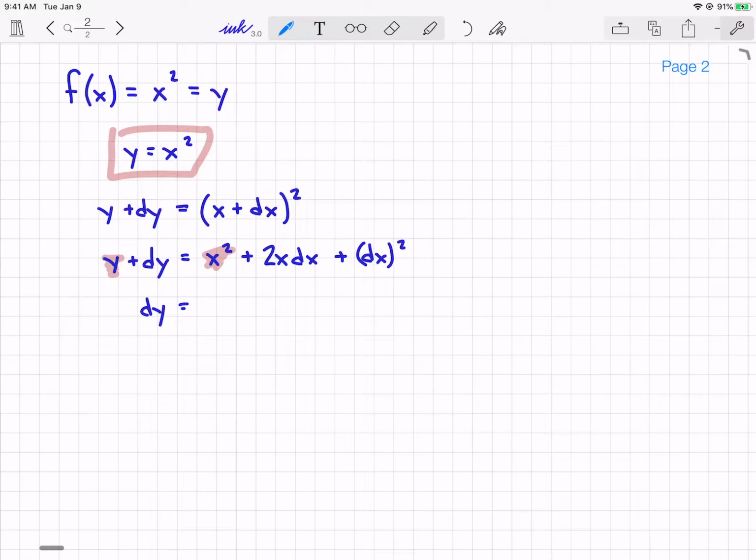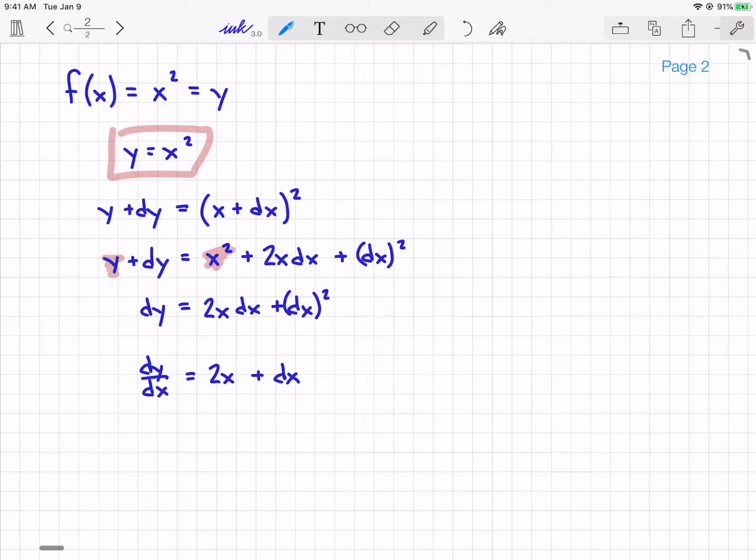So I get dy equals 2x dx plus dx squared, because that is some quantity, an infinitesimally small width. And now I'm going to divide by dx on both sides. So then I get dy dx equals 2x plus dx.